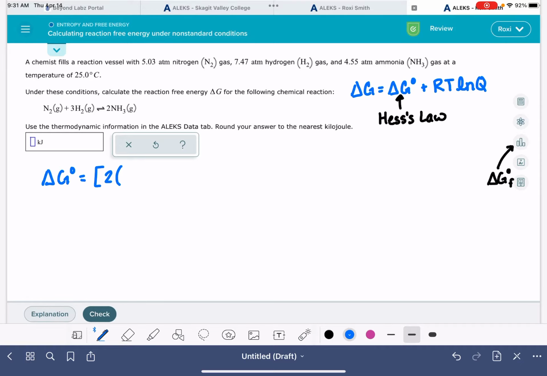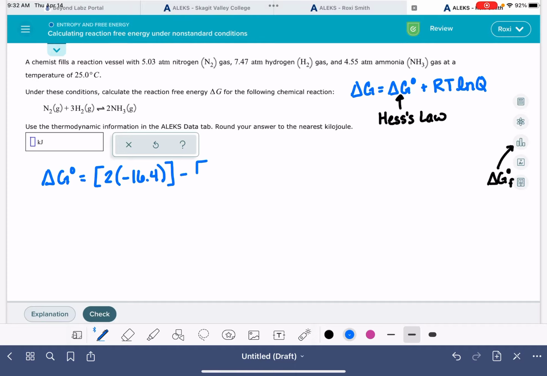You've got to be careful to make sure that you are matching the state of your substance with the data table, because in the data table, NH3 is listed as both a liquid and a gas. So for NH3 gas, the value is -16.4. And the units of this are kilojoules per mole, but I'm going to leave the units off just to save space, and I'll add the units when I'm totally done with this calculation.